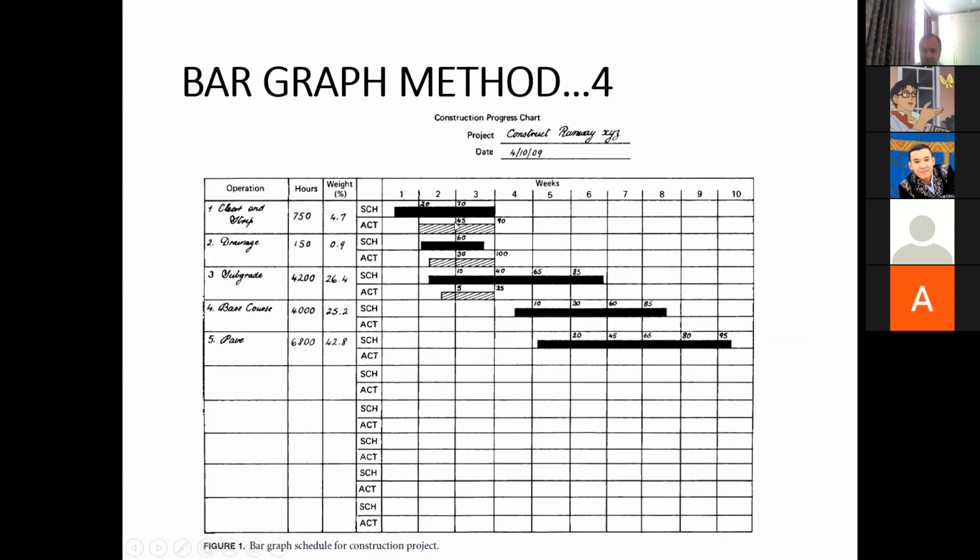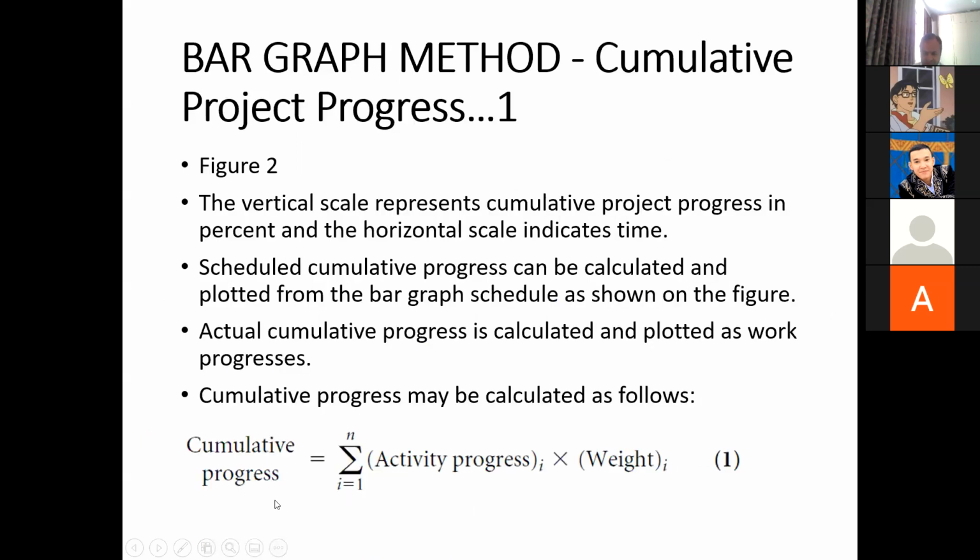Using this bar chart, the formula used for this is formula number 1. It is the sum of the products. You multiply the activity progress with its weight.